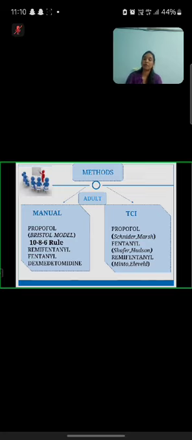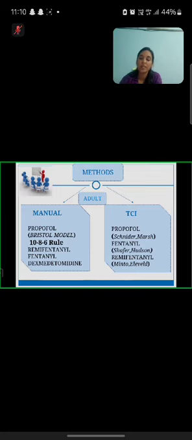Coming to the methods of infusion, there are various methods in adult and pediatric patients. In adults, infusion can be done either manually by calculating on our own, or by using target controlled infusion. In manual infusion, the commonly used drug is propofol.